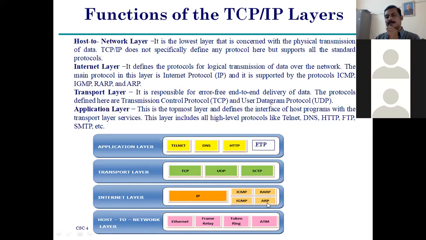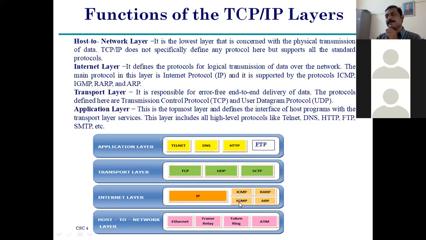First, take the logical address and convert it into the physical address by using ARP. Now by using RARP, take the physical address and convert it to the logical address. So these two addresses are very useful for internet protocol.